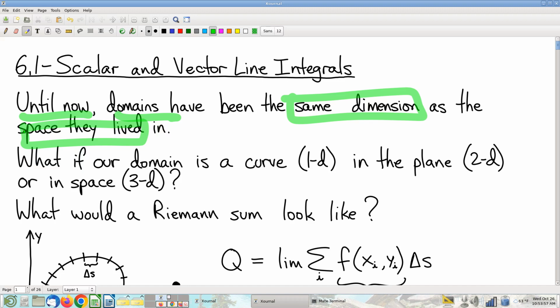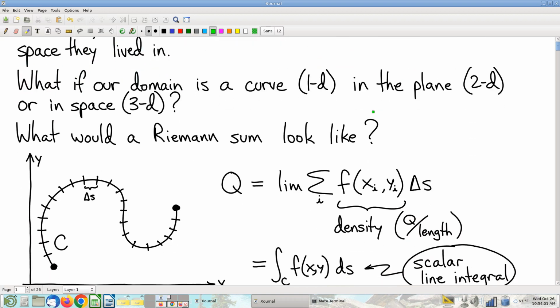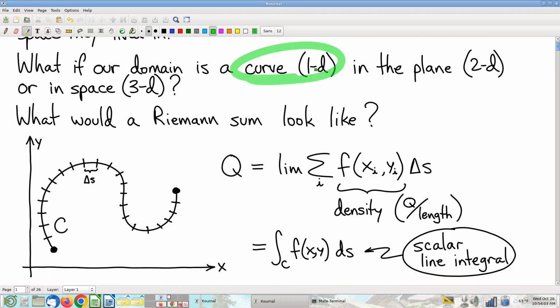We could totally imagine, for example, a 1-dimensional curve, like this, and maybe I want to chop it up and add it up. I want to compute the amount of mass on this curve, or what have you.